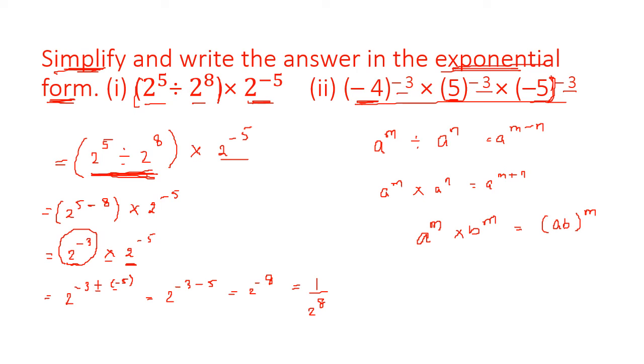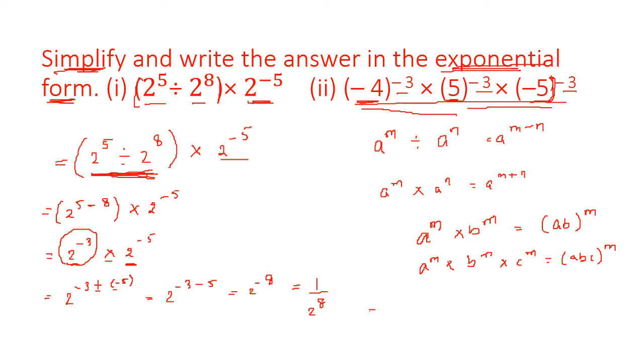Now the power is same. You can choose any two numbers and solve them first, or we can take all three numbers and do it together. Then the law will become a raised to m into b raised to m into c raised to m is a into b into c raised to m. The law will remain the same.